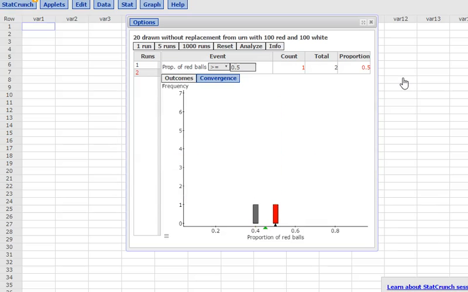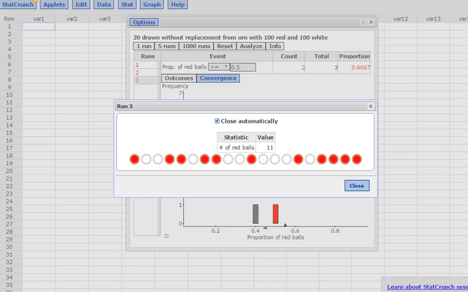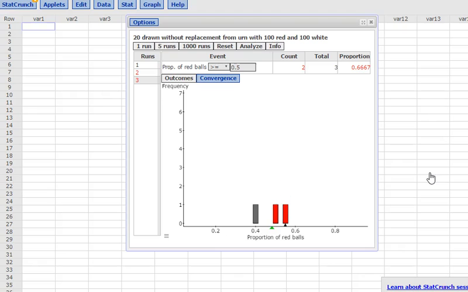So that's a sample proportion of 50%. This time I have 11. So this is one where the sample proportion of red beads is 55%. So I have 3 different sample proportions from the same population proportion.